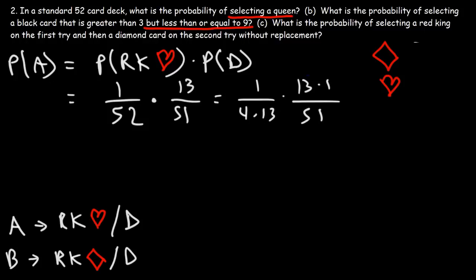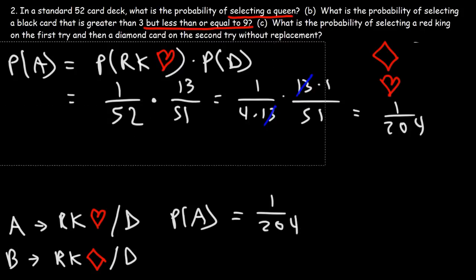So we can cancel a 13, and 4 times 50 is 200, so 4 times 51 is going to be 204. You just add another 4. So the probability of getting a red king of hearts and then a diamond card is 1 out of 204.